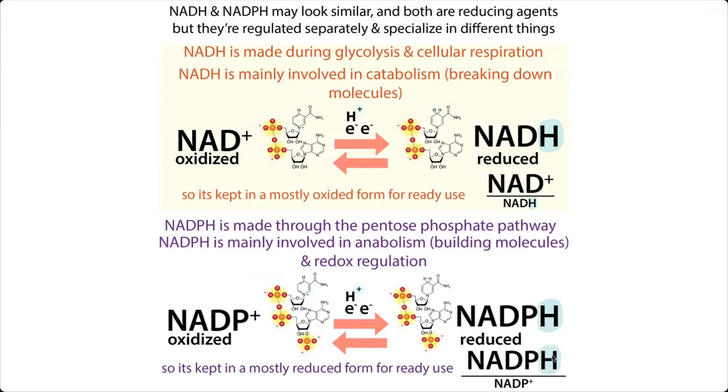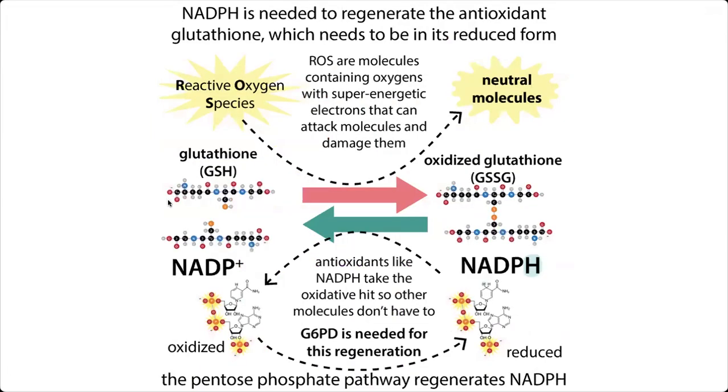And if we have a bunch of the reduced form, now we can use it to reduce other things. One of the other things that we use it to reduce is a molecule called glutathione, which is a cellular antioxidant. And so now let's talk a little bit more about glutathione and when our bodies use it.